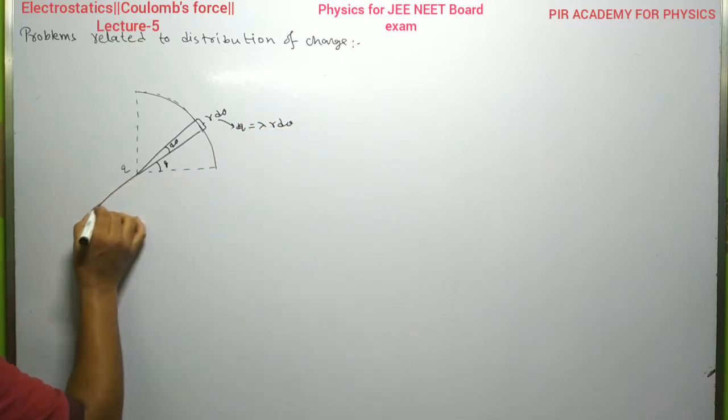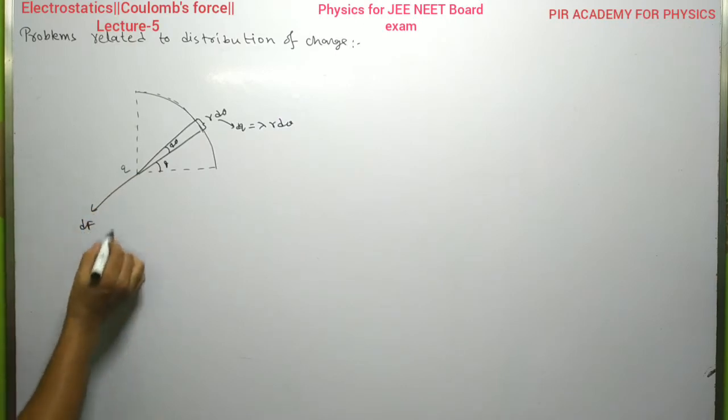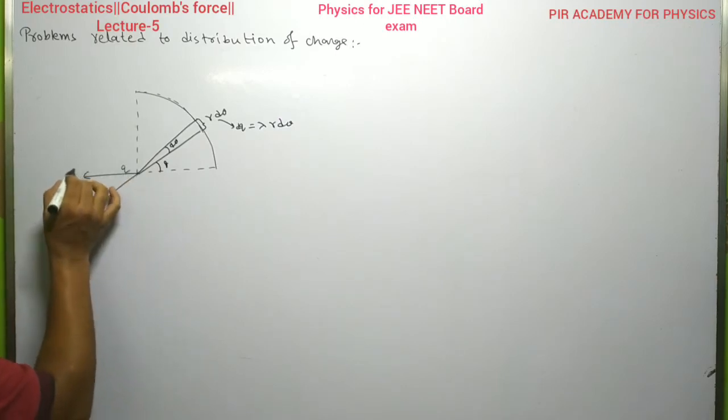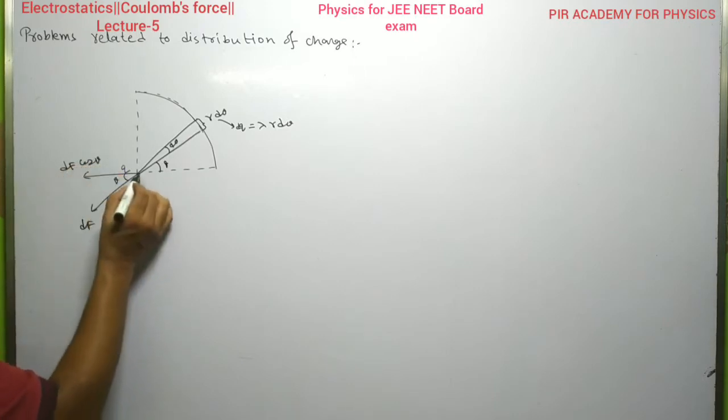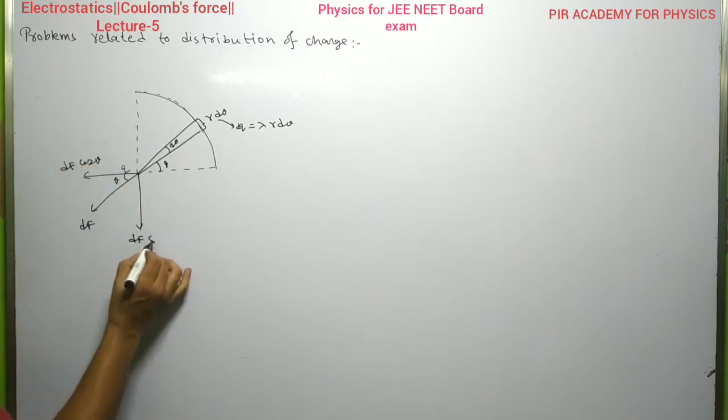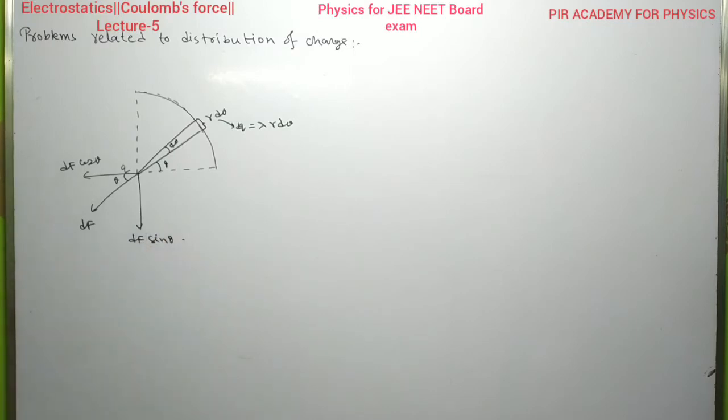Then along this direction will be dF. It has two components, dF cos theta and dF sin theta. Here you see that neither component cancels out.